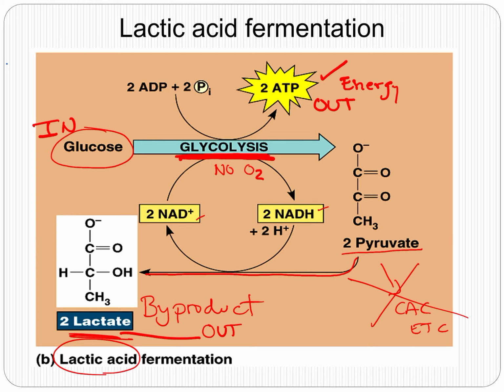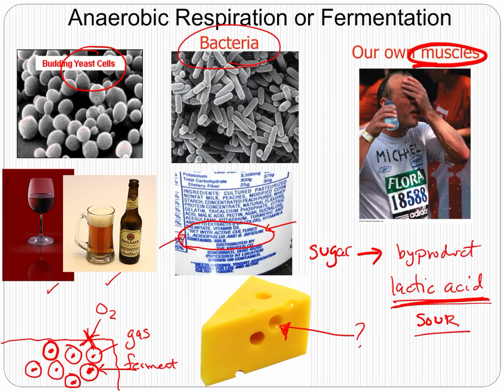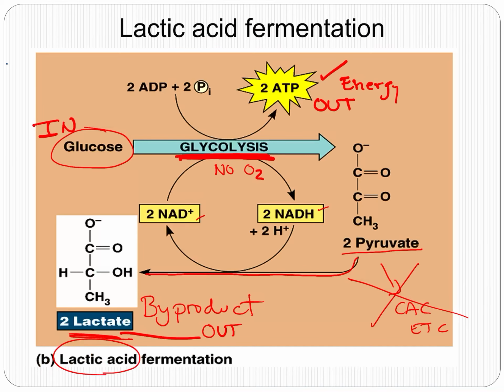So that's lactic acid fermentation. Your muscle cells will do this, and also some bacteria. The lactobacillus bacteria that's in your outline, that's the bacteria that's used in the yogurt. So if you look at this yogurt again, there's a little tiny L right there. That stands for lactobacillus.